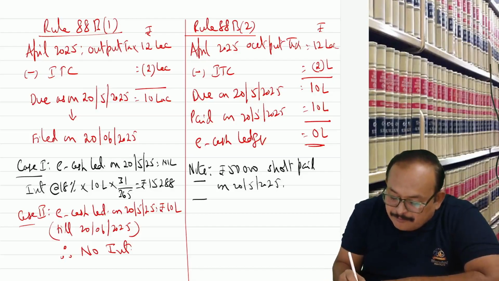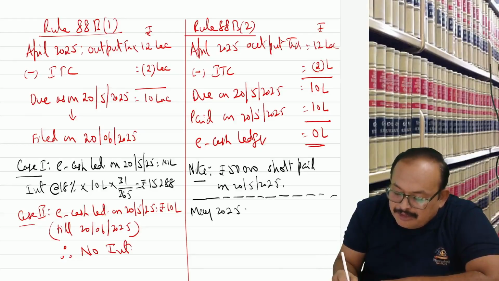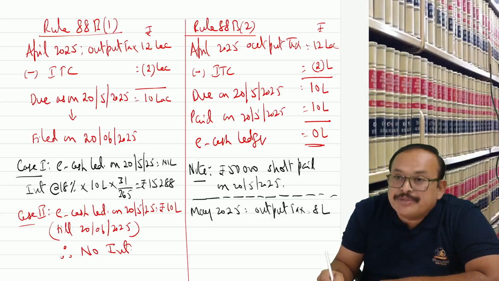Subsequent month. Subsequent month means what? May 2025. My output tax, let us say 8 lakhs.